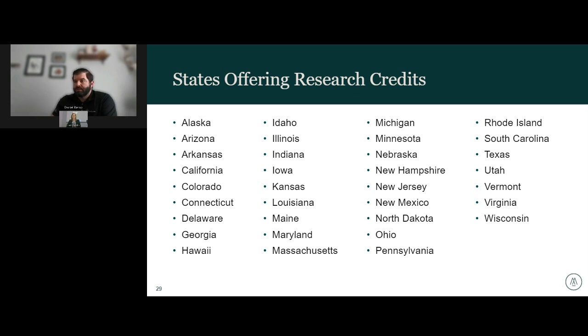But for example, the Texas R&D credit has to do with your franchise tax. It offsets half of your franchise tax. And then California is probably the most profitable from a percentage standpoint. It's oftentimes even greater than some of our clients' federal benefit.